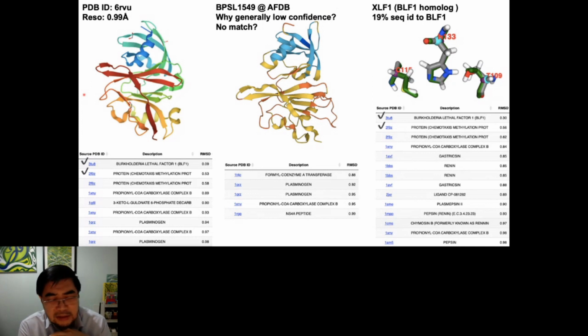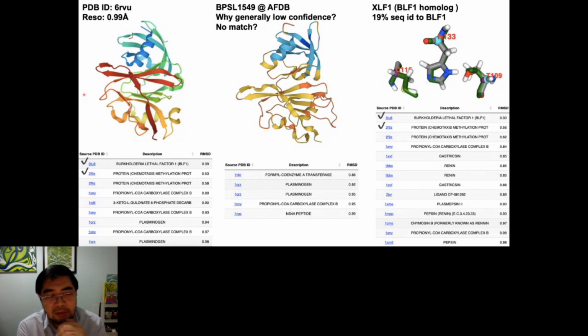Both BLF1 and the chemotaxis regulator are actually deamidase enzymes. Okay. So in the case of BLF1, it deamidates a glutamine to become a glutamate, and that deamidation process results in loss of protein translation in the host.